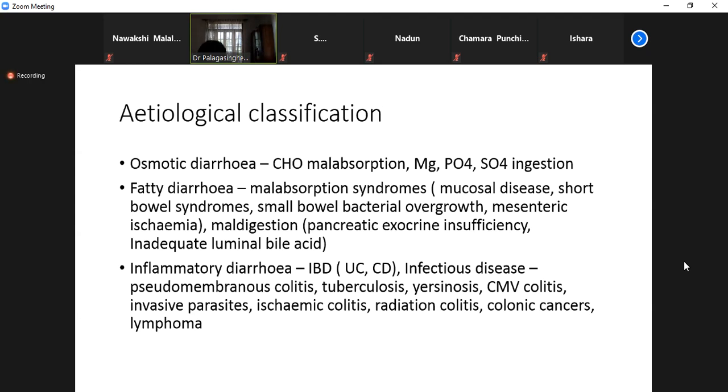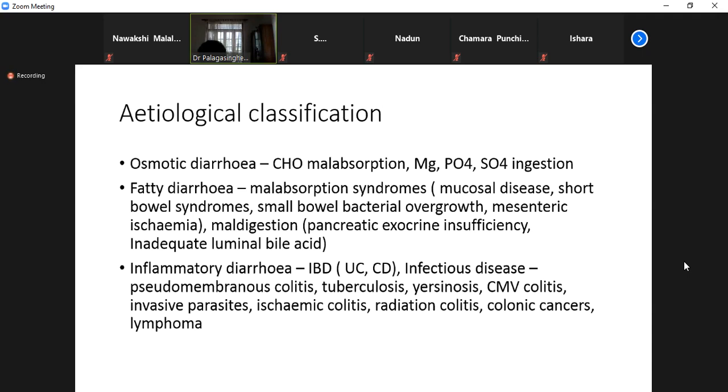Infections causing inflammatory diarrhea include tuberculosis, pseudomembranous colitis caused by Clostridium difficile or C. diff, and Yersiniosis. Not only parasites and bacteria, sometimes viruses such as CMV, cytomegalovirus, can also cause chronic diarrhea.